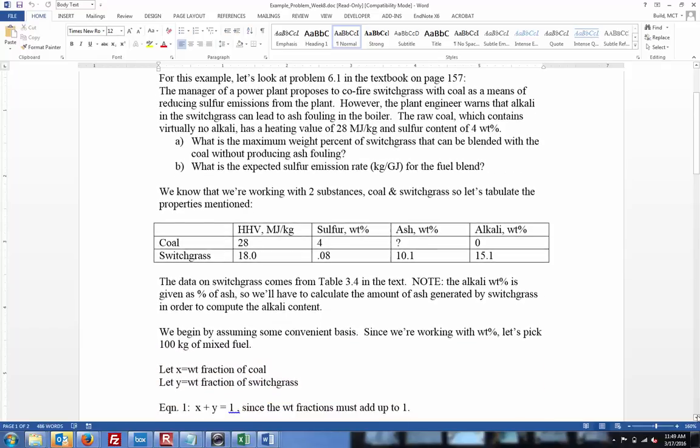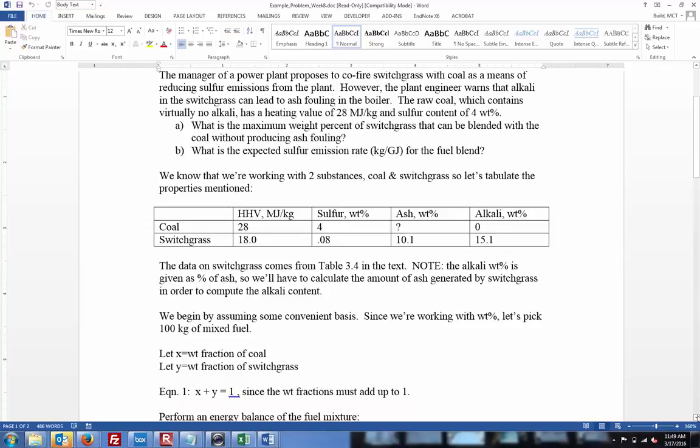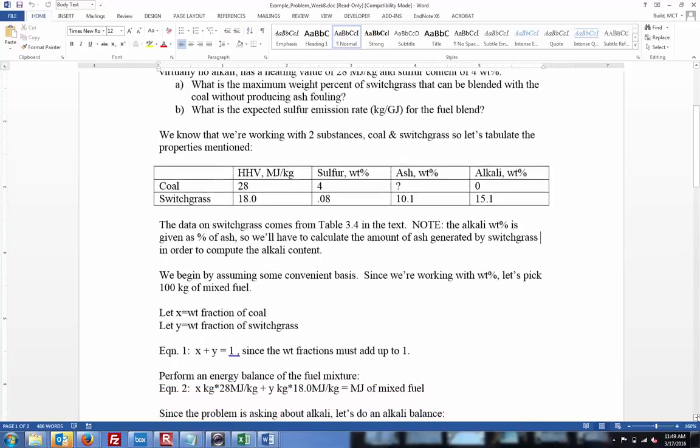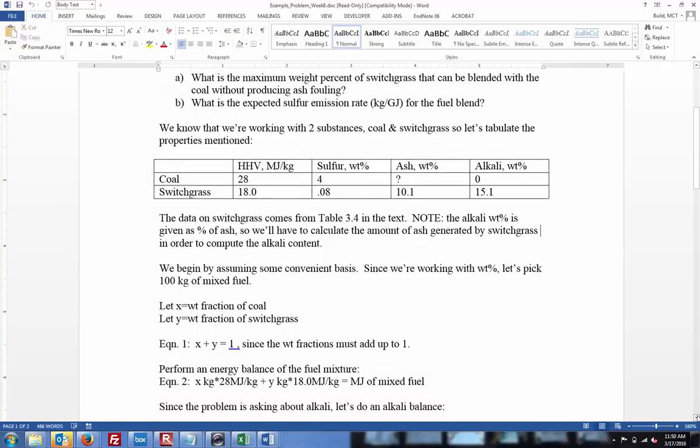Okay, so he's going to say 100 kilograms of mixed fuel. X is going to be the weight of the coal, Y is the weight fraction of the switchgrass. We'll form an energy balance for the fuel mixture.